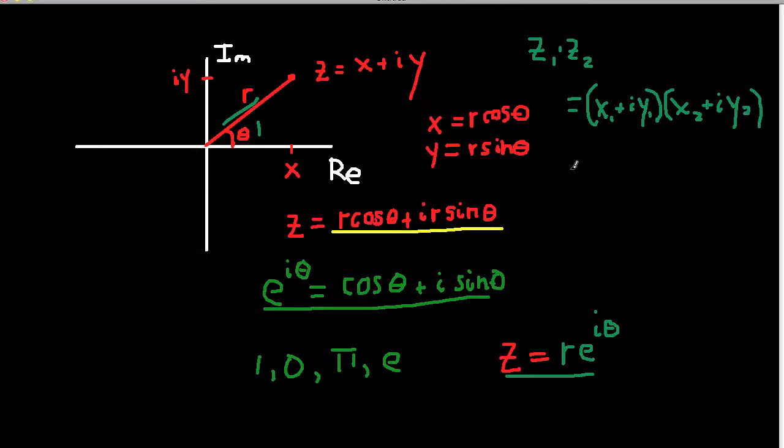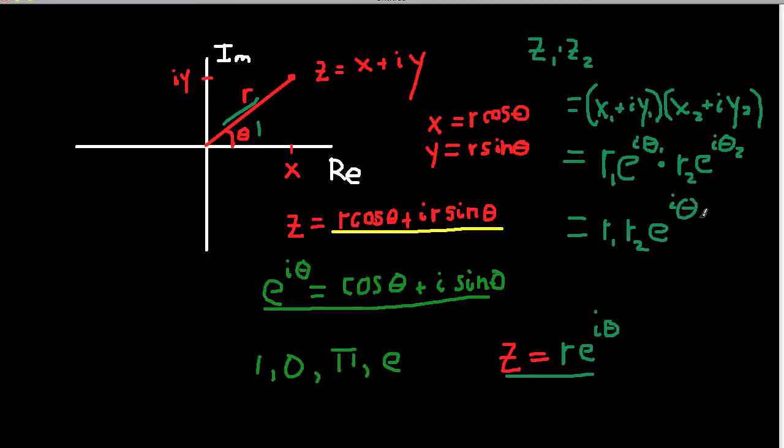So we can multiply it this way, or we can multiply it this way. We can take r1 times e to the i theta 1, where r1 and theta 1 are associated with the z1 number, times r2 e to the i theta 2. And this is written as r1 times r2 times e to the i theta 1 times e to the i theta 2.